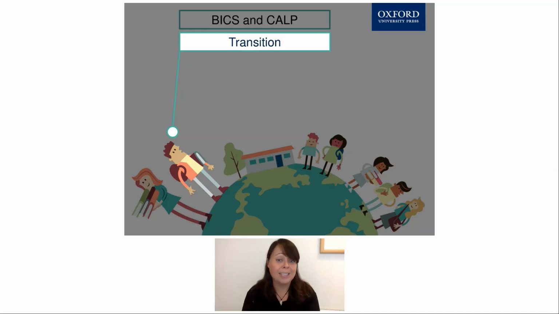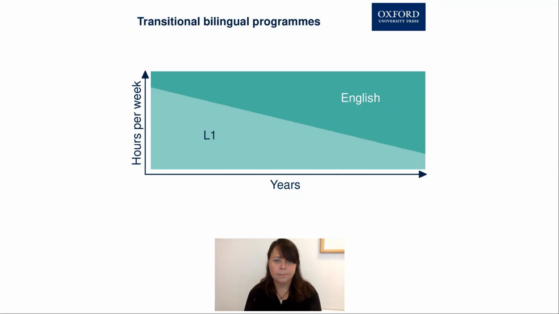We're going to look next at something called transition. And this is where an institution might use a program of starting in L1 and then moving slowly into more hours of English. Now, of course, some programs start 100% in L1 and finish 100% in English.